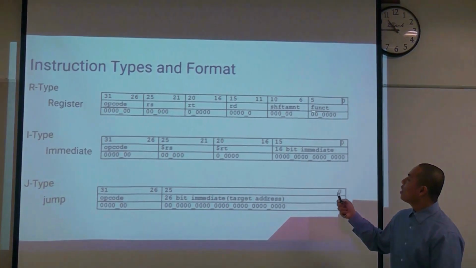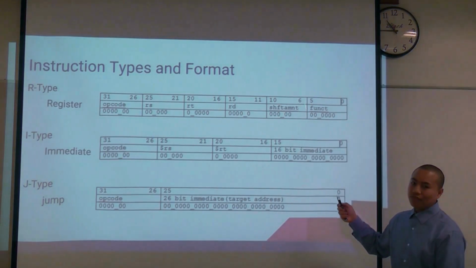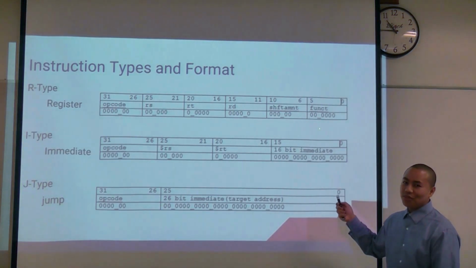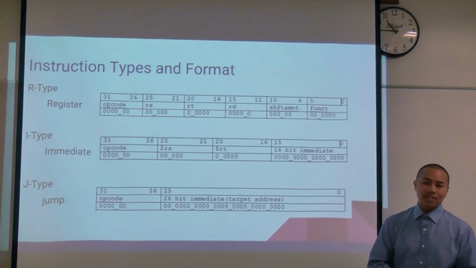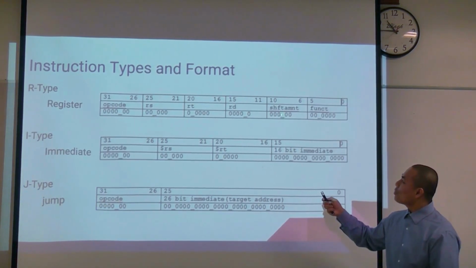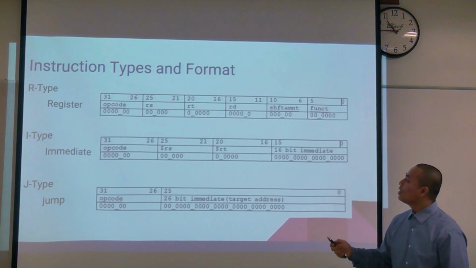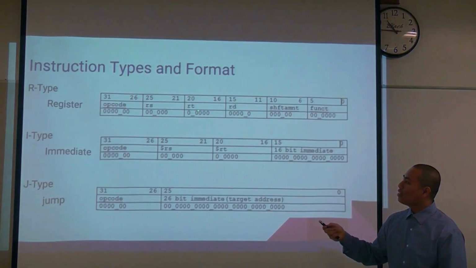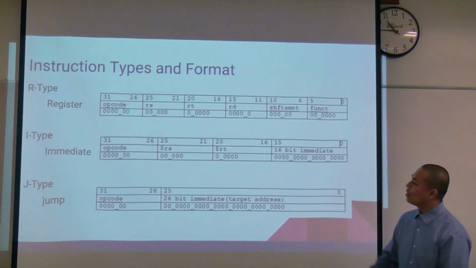Then in here, the function, which is the 6 least significant bits, are allocated to our different function operations, so arithmetic and logical. We have a shift amount, that's for our barrel shifter, which we'll get into detail later on. We have 3 registers, a source, a temp, and a destination. These 2 will be operands, and this will be a destination.